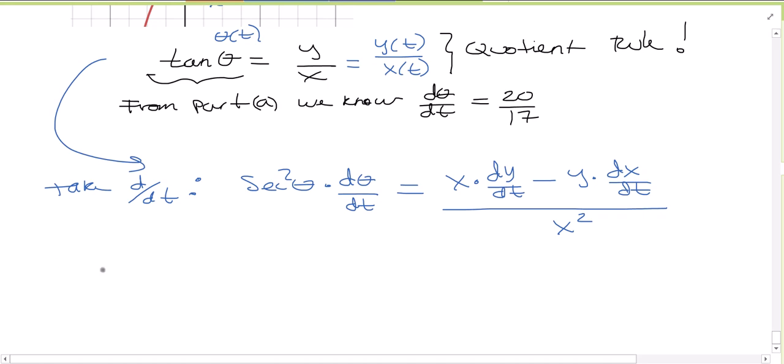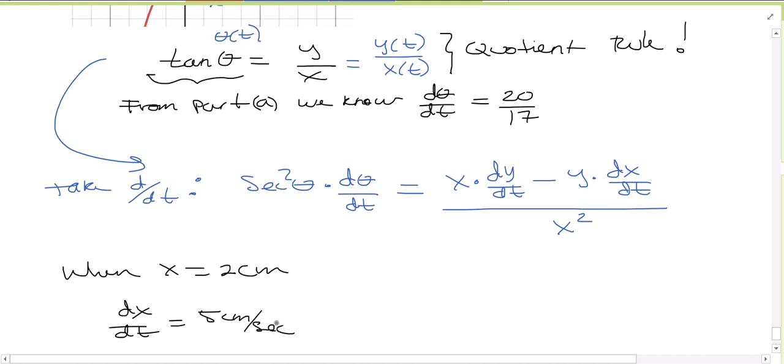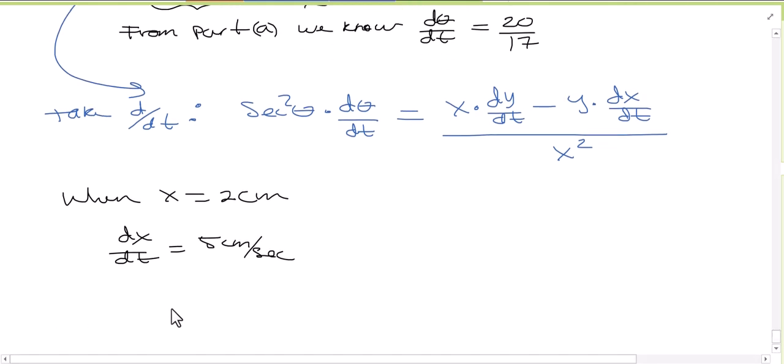So when x equals 2 centimeters, what do we know? We know that dx dt is 5 centimeters per second, and we also know d theta dt was 20 over 17 radians per second.